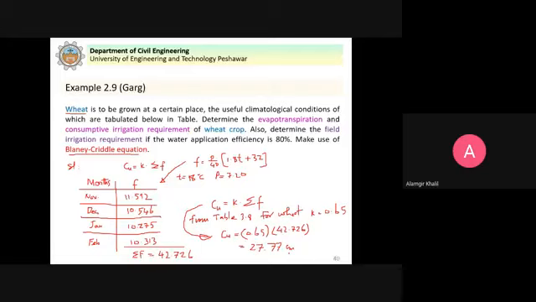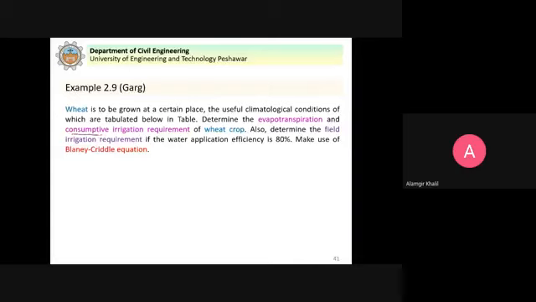Clear? Now after this, we need to calculate the consumptive irrigation requirement. So consumptive irrigation requirement, that is CIR, is actually equal to Cu, the consumptive use, minus the effective rainfall.